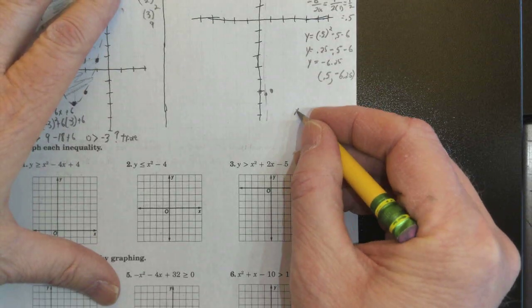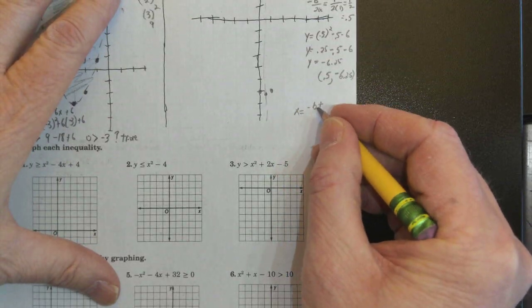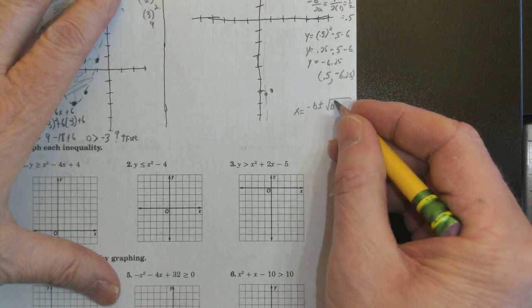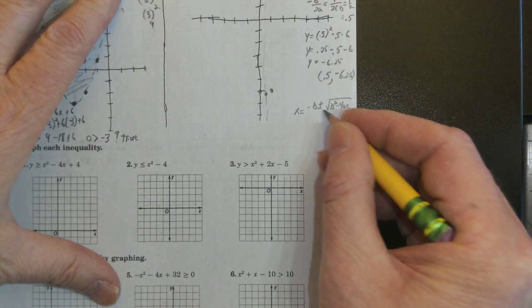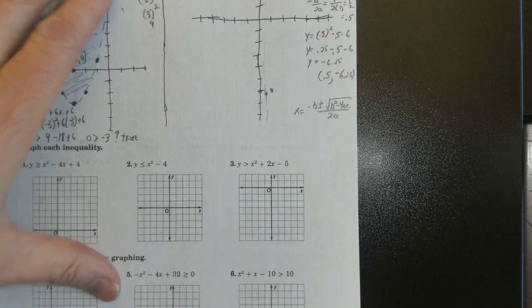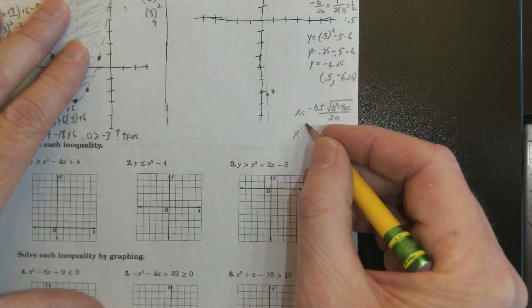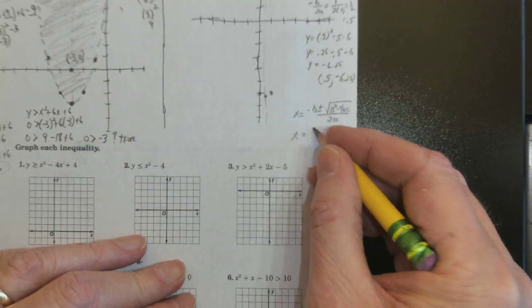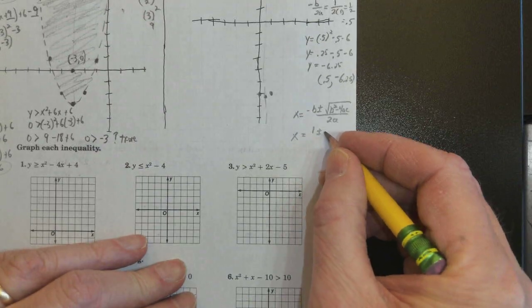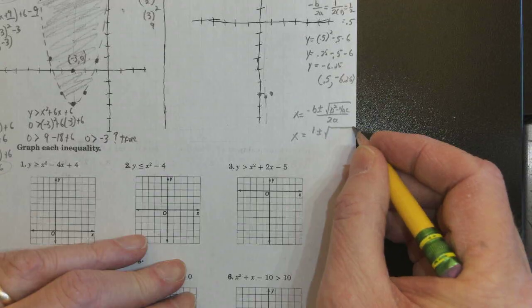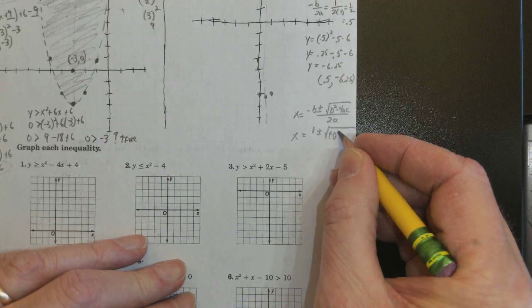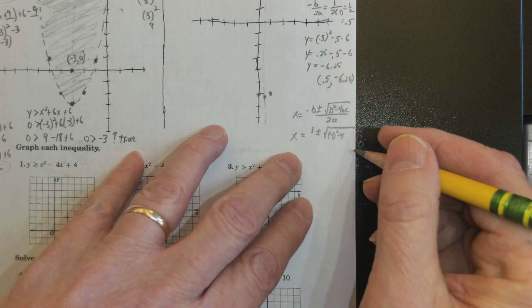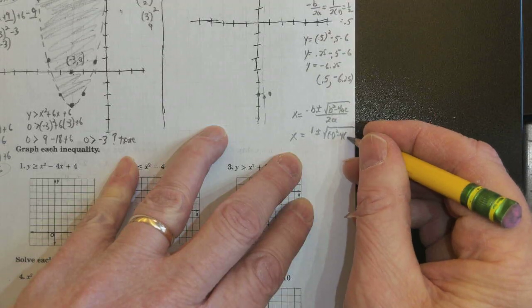So remember, x equals negative b, plus or minus the square root of b squared minus 4ac, all of that over 2a. All right, b is negative 1. That's 1 plus or minus the square root of negative 1 squared minus 4.